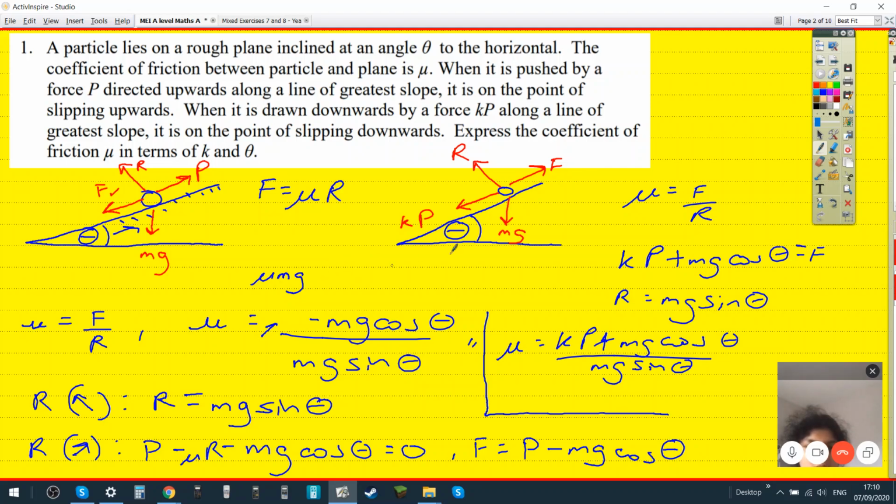Yeah. So it would just be mu mg sine theta. Oh, yeah, just get mu equals mu. So the problem is we've got 3 variables but 2 equations, and that's why that's happening.